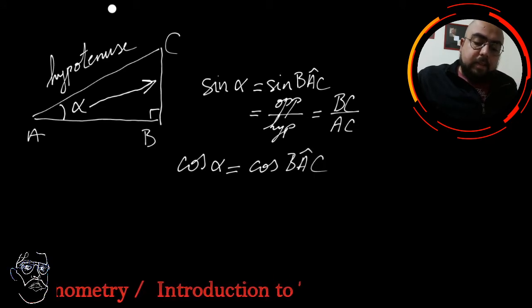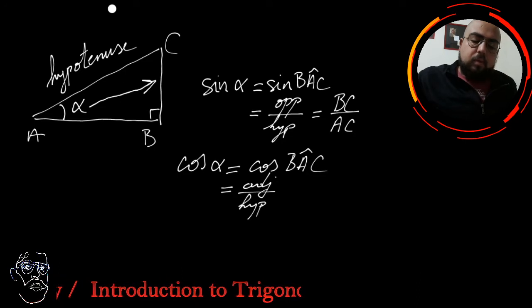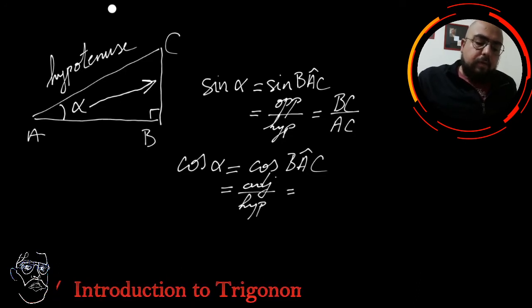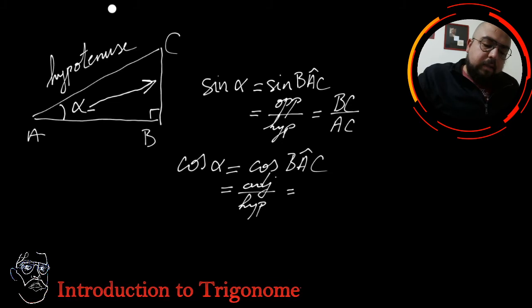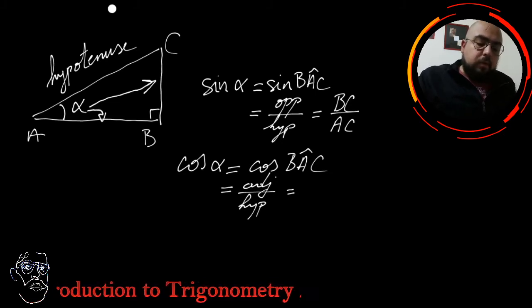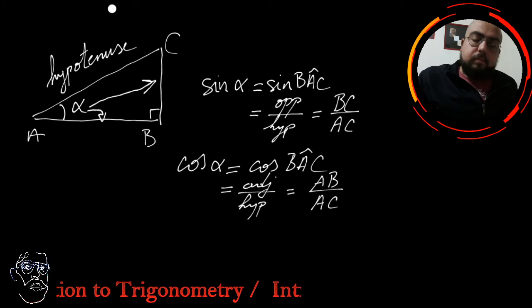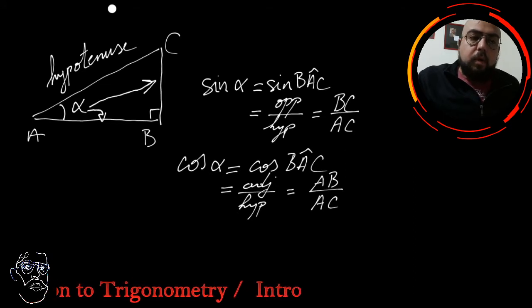And in this case, it's the ratio of the adjacent side over hypotenuse. The adjacent side of alpha is directly the side next to it. Of course, it's not going to be the hypotenuse. So it's AB over AC. Alright?